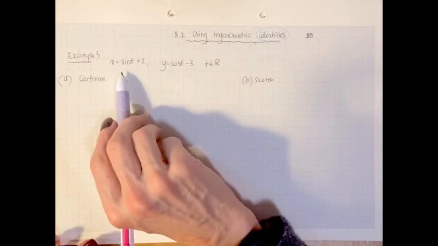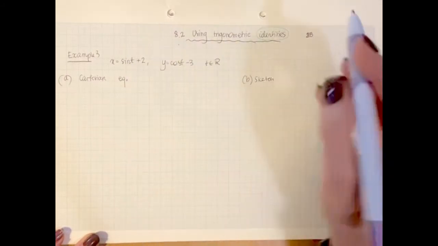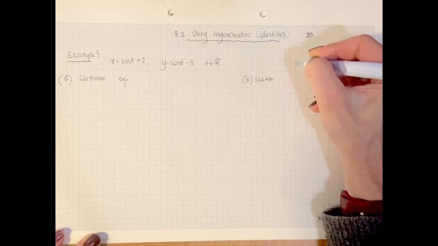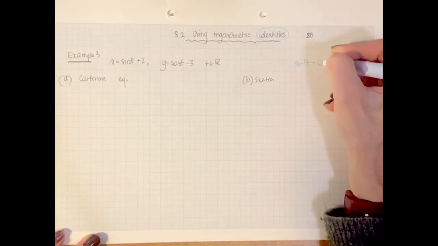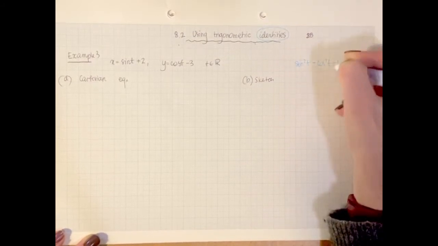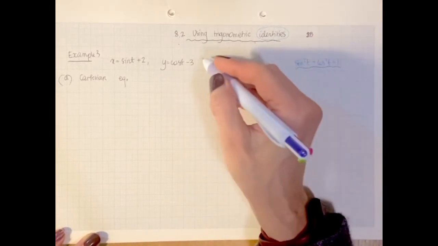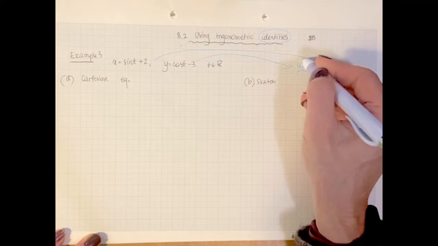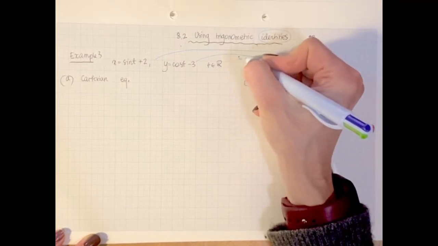So over here we've got sine t and cos t. The identity connecting these two together is sine squared t plus cos squared t equals 1, always quoted. And we are going to substitute these into that identity.